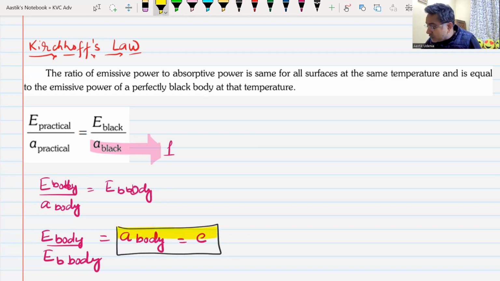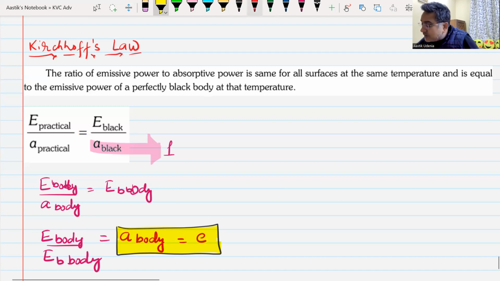Basically, what Kirchhoff's law is saying is that the absorptive power of the body is actually equal to its emissivity. Yes or no? Yes, sir. That means if you have higher emissive power, you will have higher absorptive power.